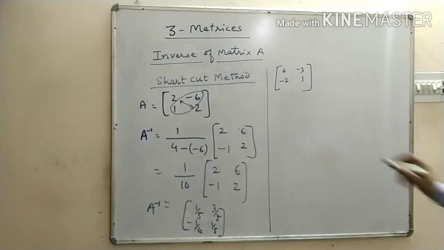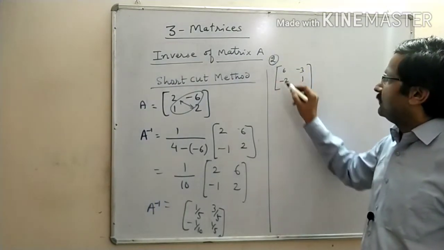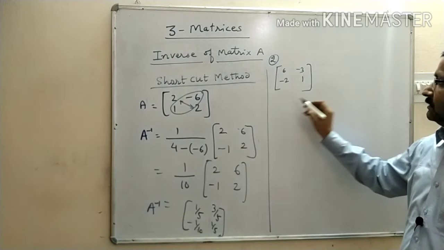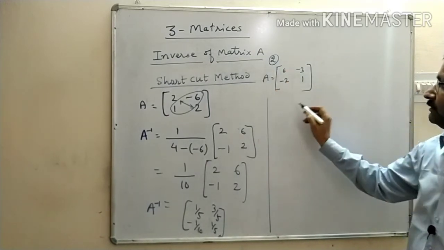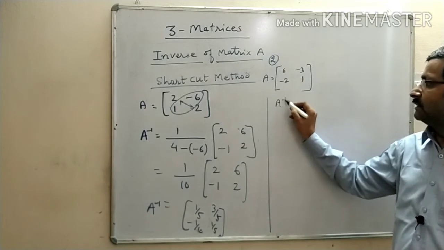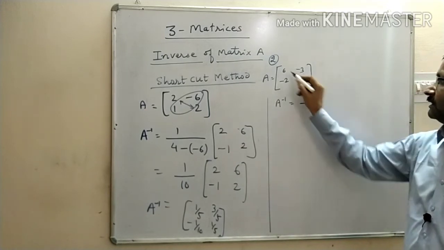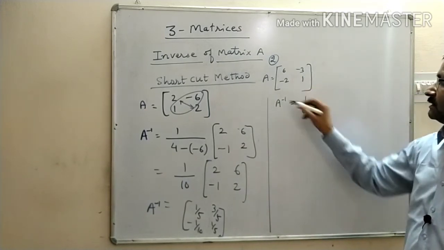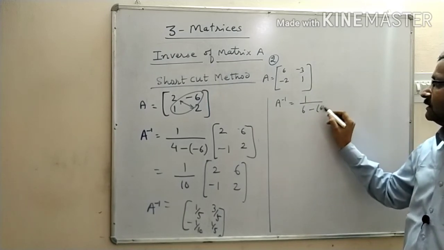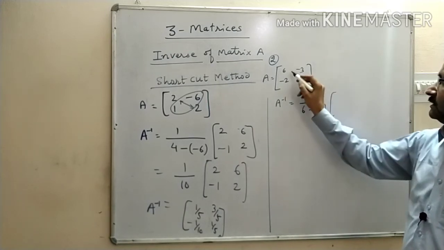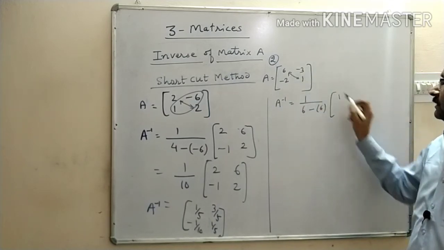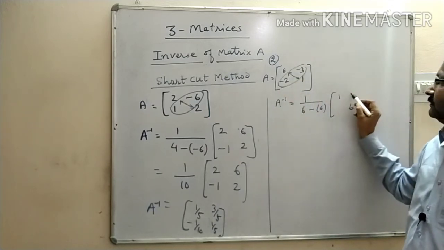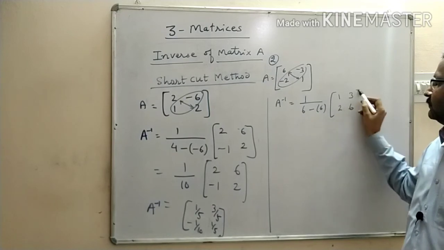This is the second question, and here we have to find the inverse. When A is given to you, you have to find A inverse, and A inverse is 1 upon 6 minus 6, and these you have to interchange, and the remaining you have to make negative.